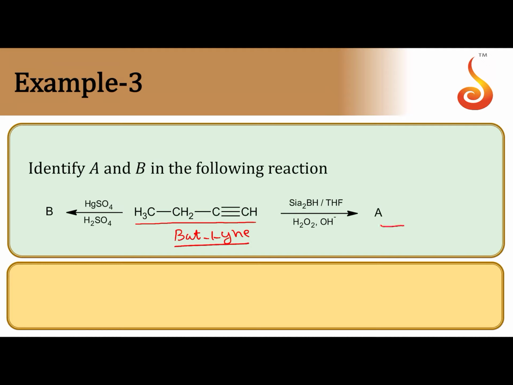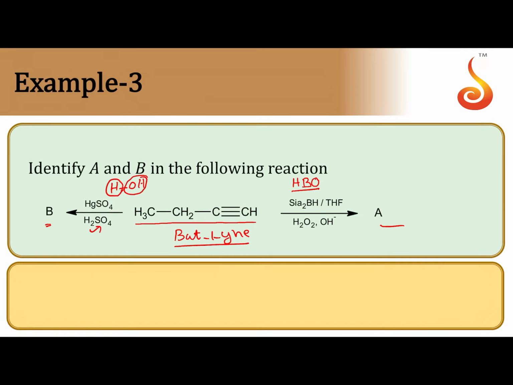Towards A, this is the HBO method, hydroboration oxidation method. Towards B, again hydration, but acid catalyzed hydration. Towards B, addition of a water molecule according to Markovnikov's rule.